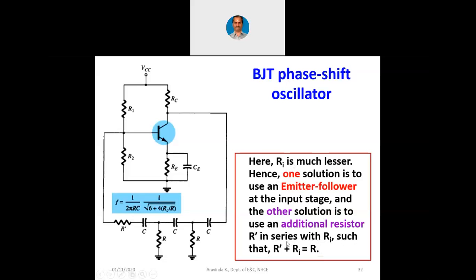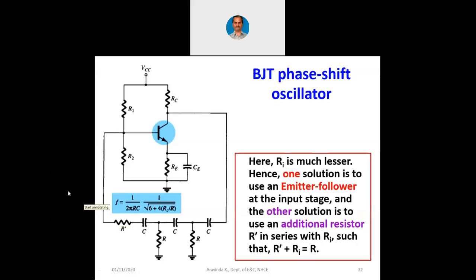If you don't want to use this R dash, then the other solution is to connect the R as it is here, having 3 RC networks, then connect an emitter follower, because the emitter follower is going to have a unity gain. So the emitter follower can be used for impedance matching that way. Emitter follower will have very high input impedance. So let me show you that.